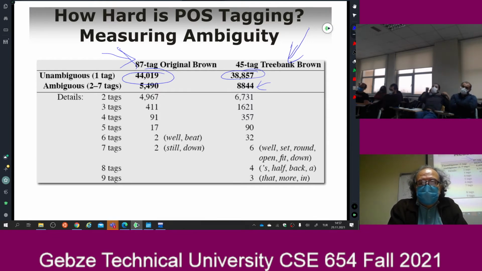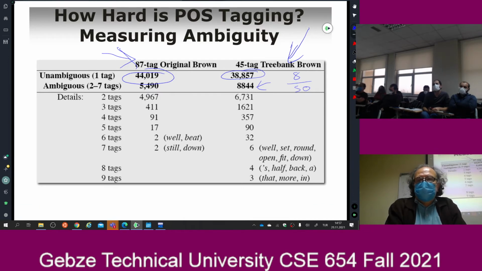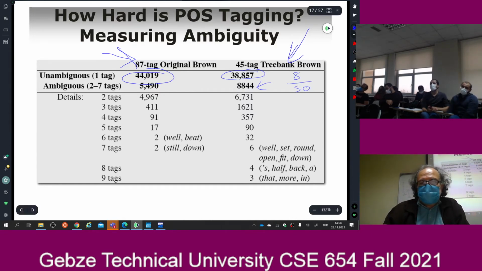So what is this? What is the total? 50,000, right? So about 20% of all the words are ambiguous. We don't know the real tag of them until we see them in the sentence. Out of these, 6,000 have 2 tags, and the number is dropping.